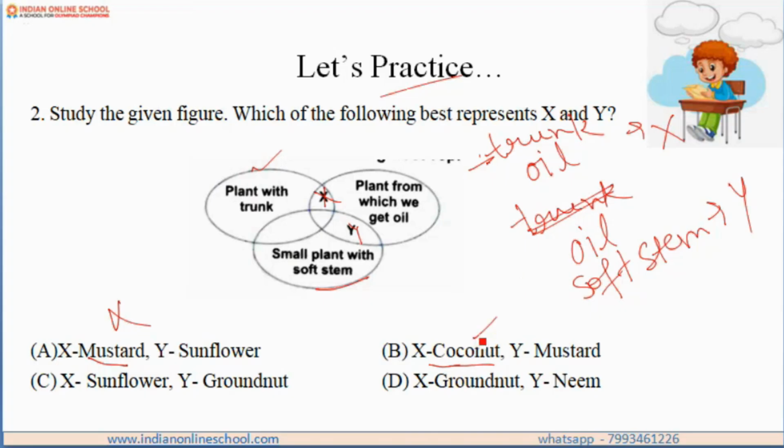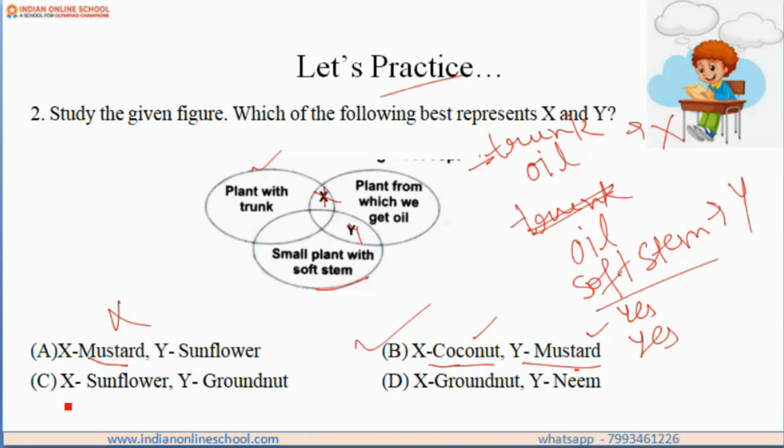Yes. Coconut has a trunk? Yes. So it can be a correct answer. Let's check for the Y. Mustard. Do we get oil from mustard? Yes. Does it have a soft stem? Yes. So option B is the correct answer.